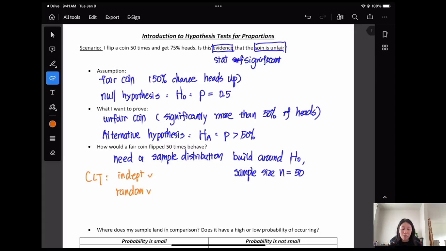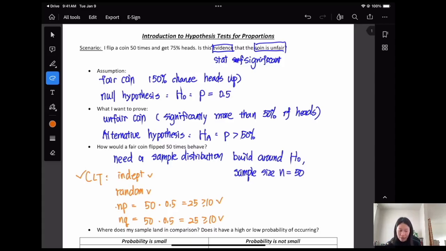Since we are using a hypothesis test for proportion, we also need to check the success and failure condition. n equals 50, p is equal to 0.5, so np is equal to 25, which is greater than 10. Also, q equals 0.5, so nq is also greater than or equal to 10. So the success and failure condition checks, which means the central limit theorem conditions check. Now, what will our sampling distribution of proportion model look like?